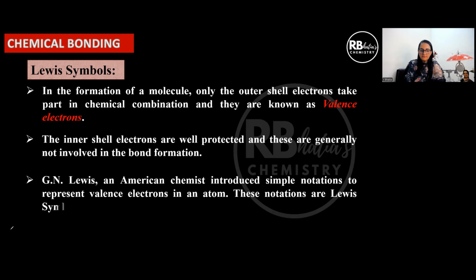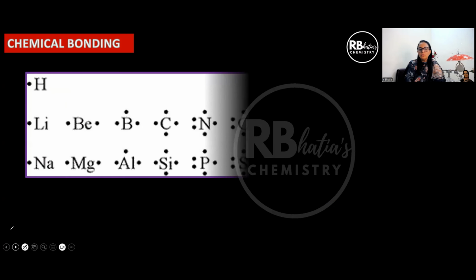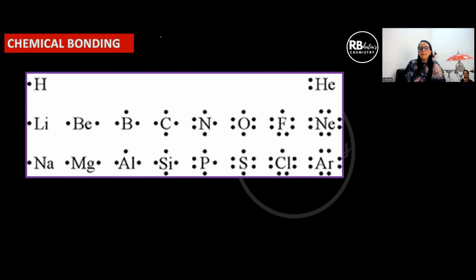These are Lewis symbols. Now, what do you have to remember about Lewis symbols or dots? Simply write the symbol of the element and show the valence electrons around it. Okay, let us say lithium. Z is 3, so the configuration is 2 and 1.